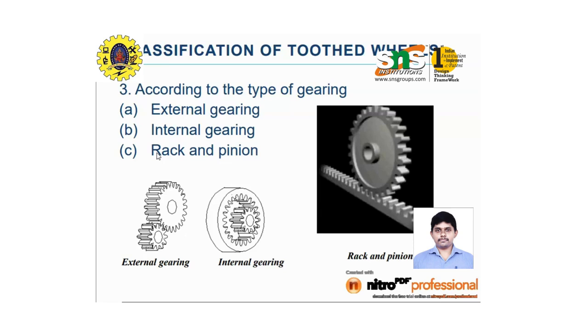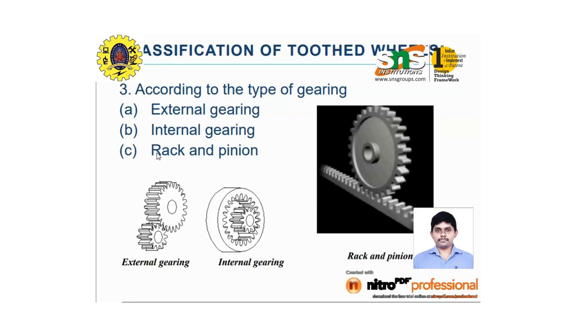So rack and pinion: the rack is a straight bar, whereas the pinion represents a small gear, which has a rotary motion. And there is external gearing and internal gearing, which we use as a classification.